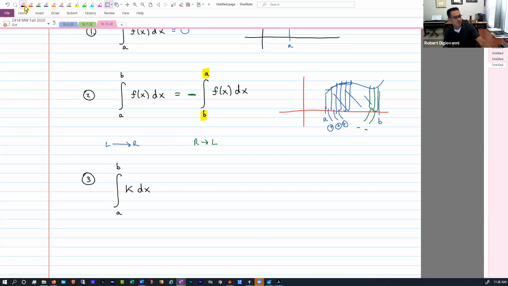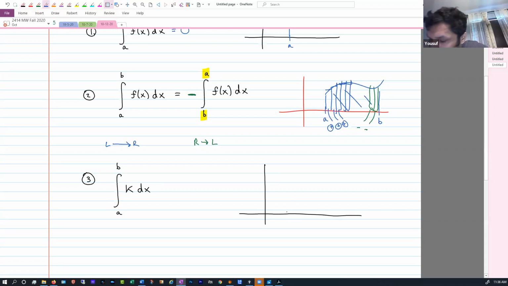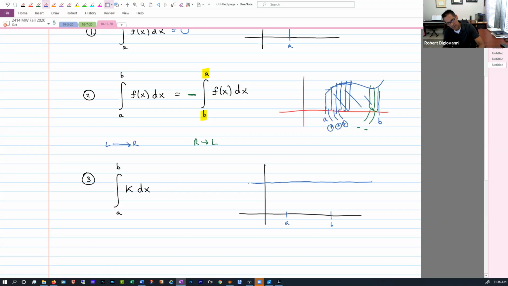So let's look at it geometrically. You have a function. You're going from A to B, and your function is a constant function, right? So it's flat. And it passes through at K, right? That's where it passes the y-axis. If you want to know this area, well, that's just a rectangle, isn't it?